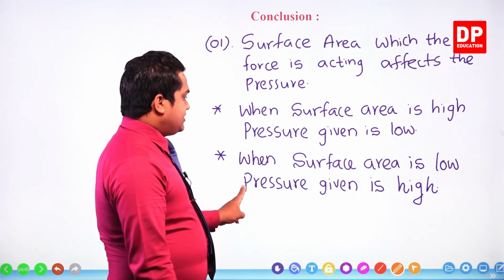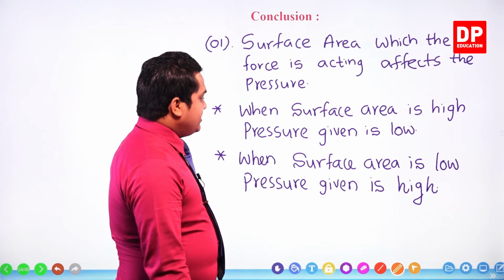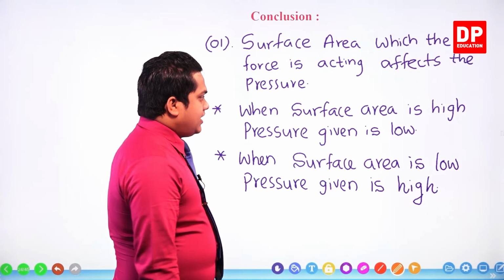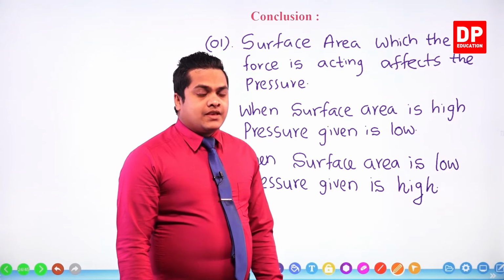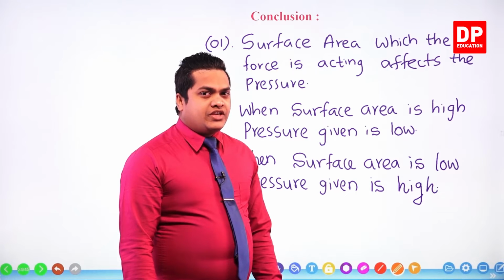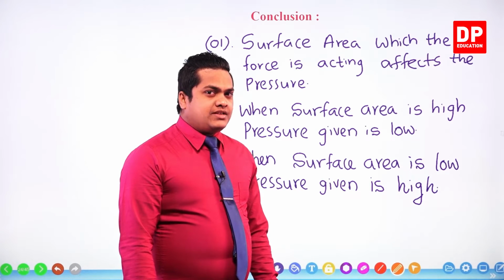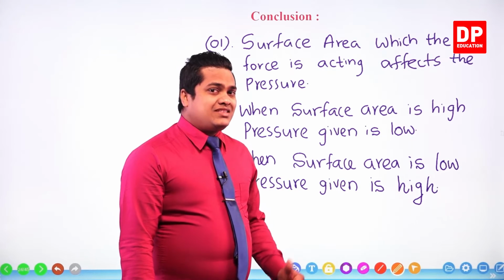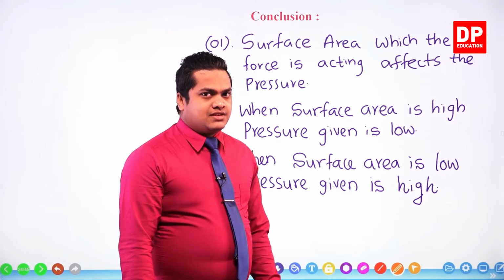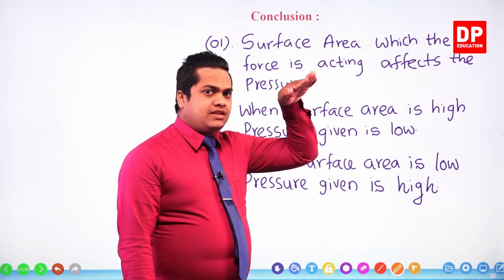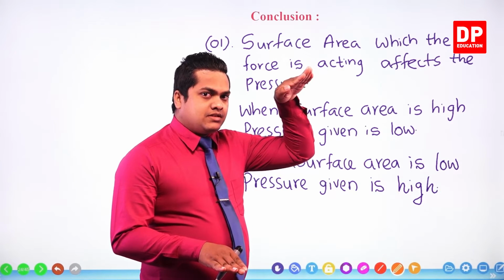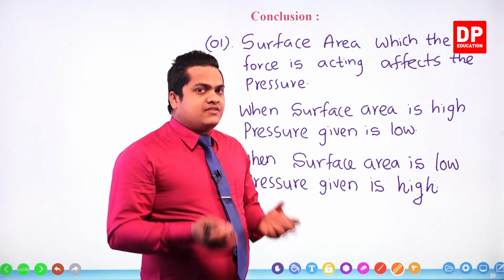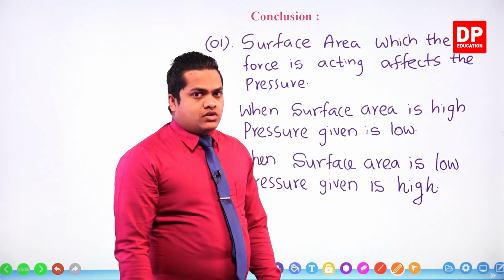In the second instance, when surface area is low, pressure given is high. So these two are oppositely related to each other. When one is increasing, the other decreases. When this one decreases, the other increases. That's how surface area and pressure work.